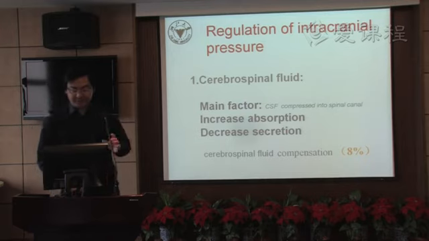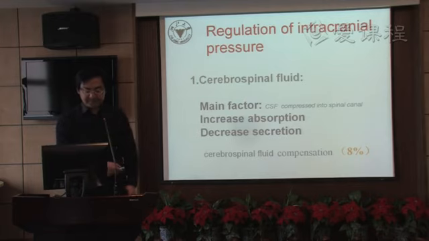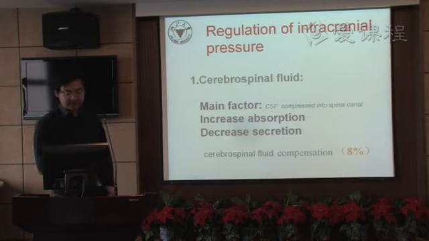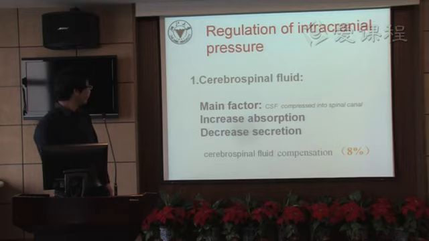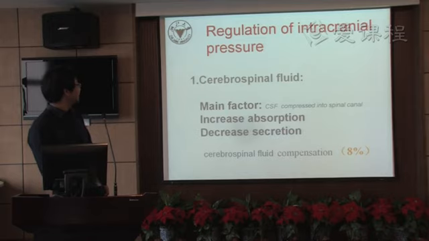Now we study the regulation of the intracranial pressure. The first regulation is cerebrospinal fluid. How does cerebrospinal fluid regulate the intracranial pressure? Cerebrospinal fluid accounts for 80% compensation of intracranial pressure. If intracranial pressure increases, cerebrospinal fluid secretion will decrease.